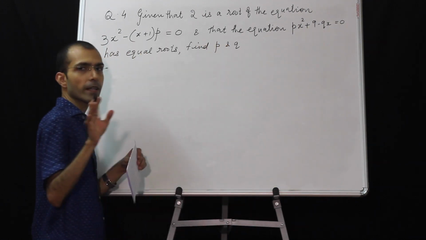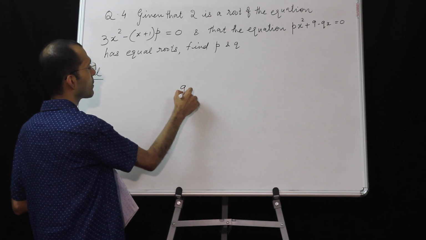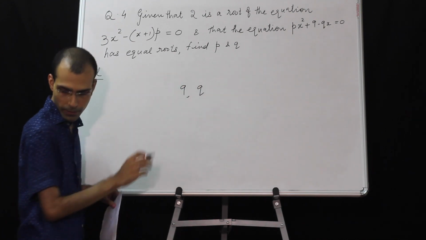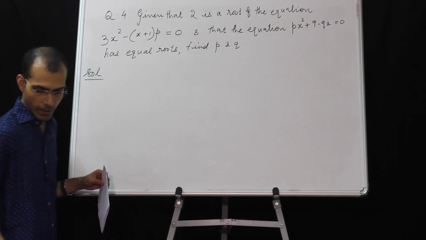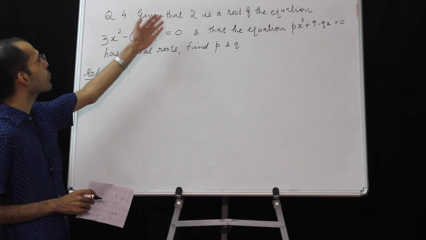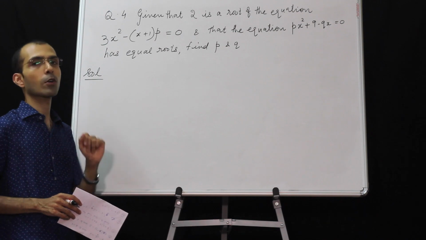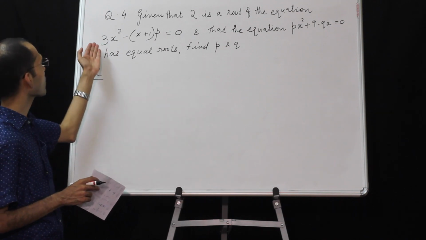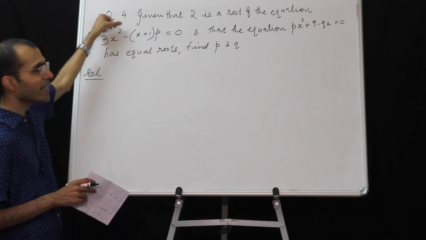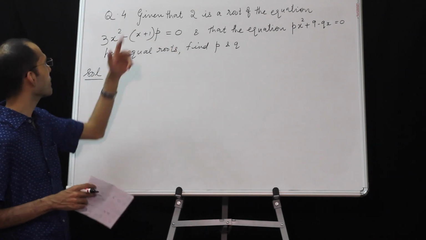Okay, be careful while writing 9 and q. 9 will come like this, q will come like this. Find p and q. Now that 2 is given to be a root of the equation, what will happen? It is bound to satisfy the equation. So this is a quadratic in what? It's a quadratic in x, and we have to find p and q.